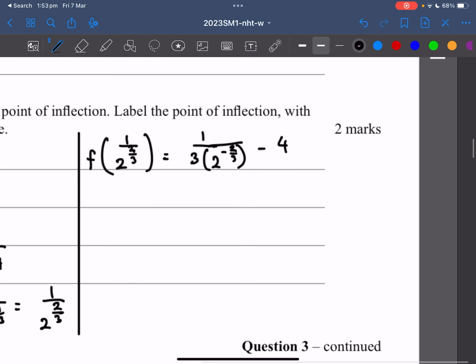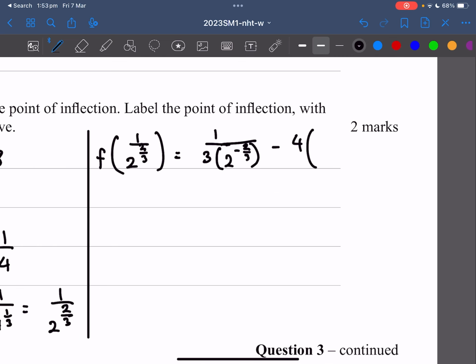Times x squared on 3. So 4 times 2 to the power of minus 2 on 3, and that has to be squared, all on 3. Okay?